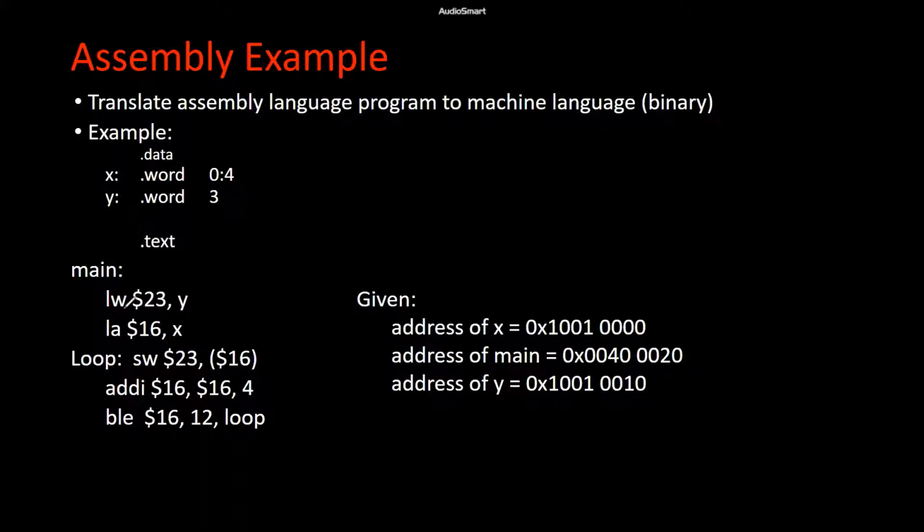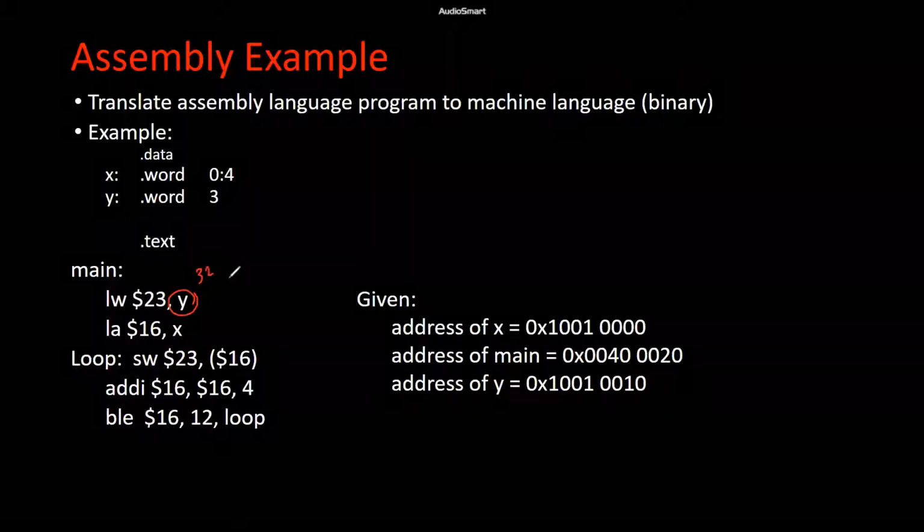So first one, we have load word, and we have seen before that load word cannot be directly converted because the value of the label cannot be stored in one instruction, because that alone is 32 bits.